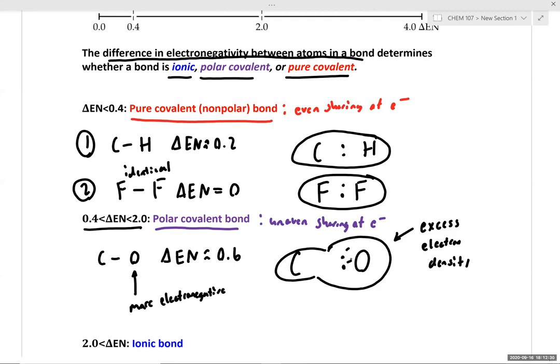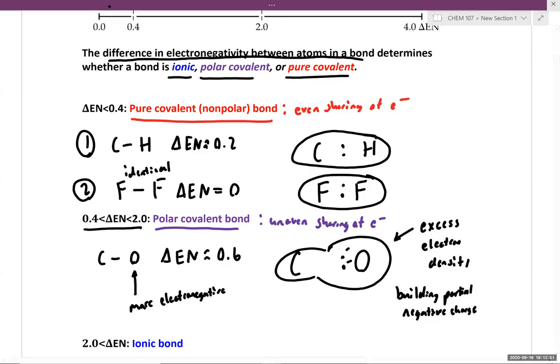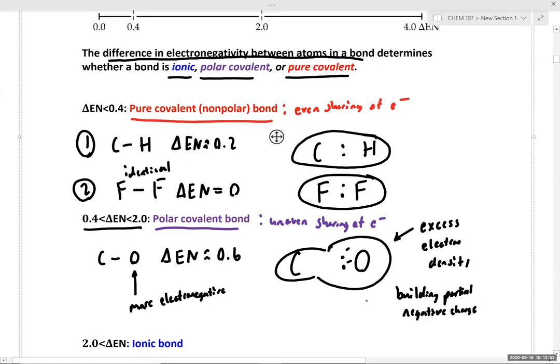Negative. Yep, exactly right. So because we have excess electron density, we end up building a partial negative charge. So our oxygen starts to gain a partial charge because it has excess electron density.